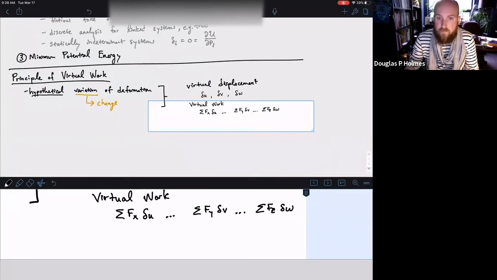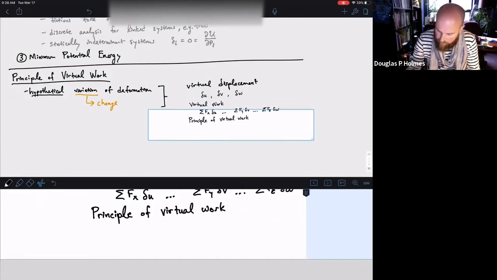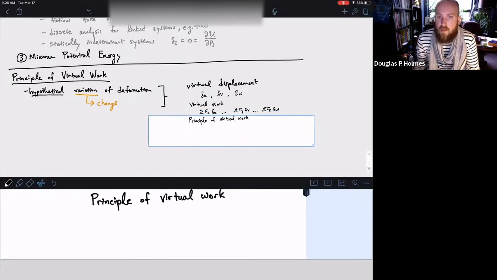The principle of virtual work says that my sum of my forces in those directions must equal 0.